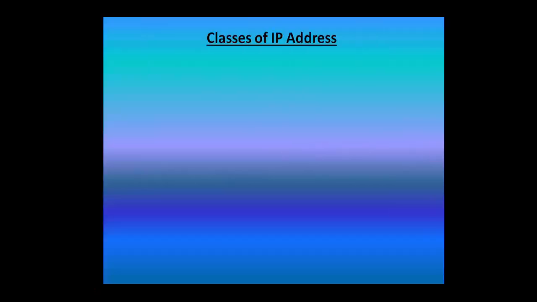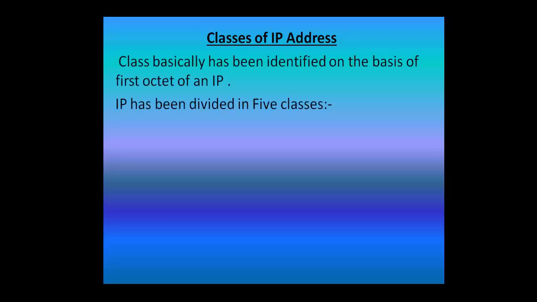Okay, next and most important is the different classes of IP. Class is identified based on the first octet of an IP. There are 4 octets, if you remember, in an IP. Class is always identified on the basis of the first octet. What is the value of the first octet? On the basis of that, we define the IP class.